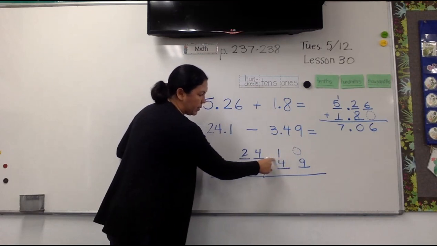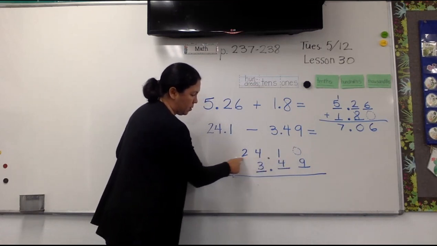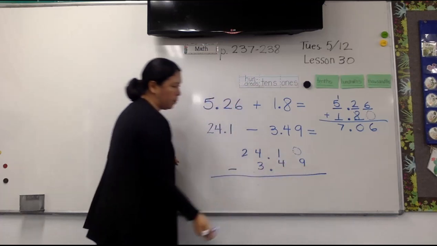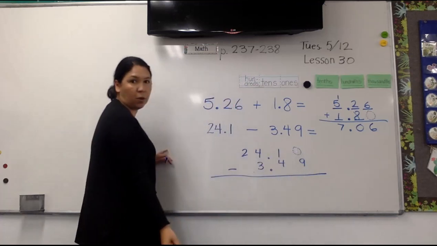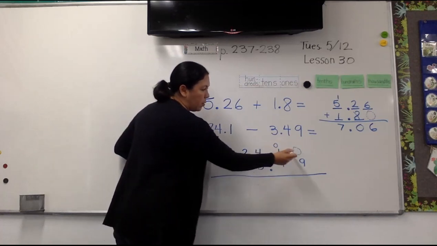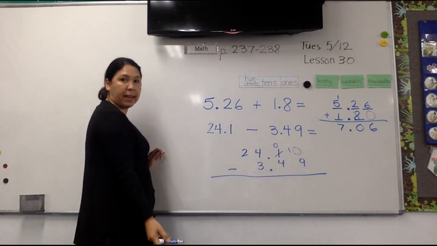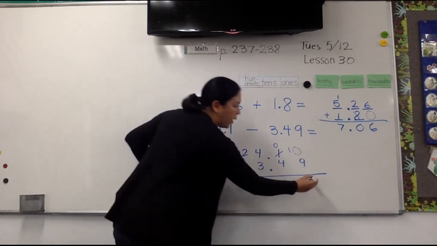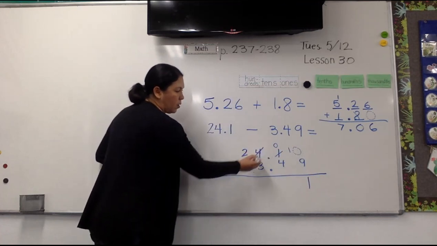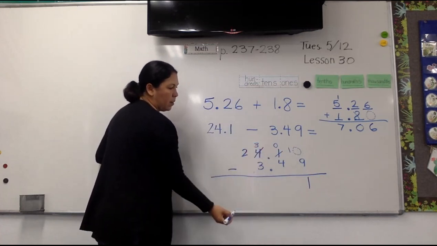I'm going to erase these lines because it kind of looks like fractions. I don't want us to be confused here. Okay, so can I take 9 from 0? No. Go to my 1, cross it out. 10 minus 9 is 1. Can I do 4 from 0? No. Cross out my 4.